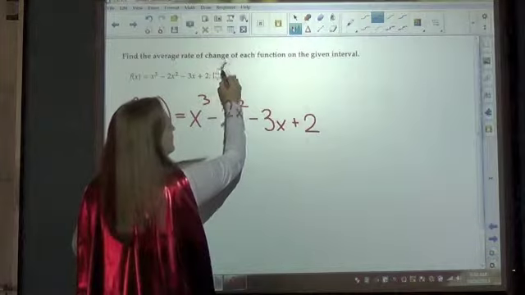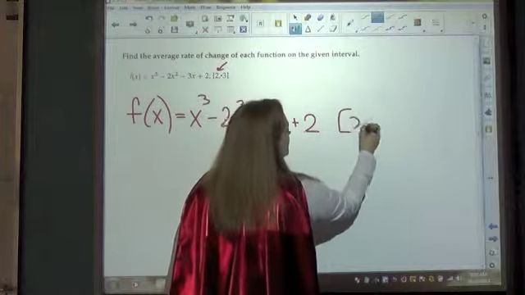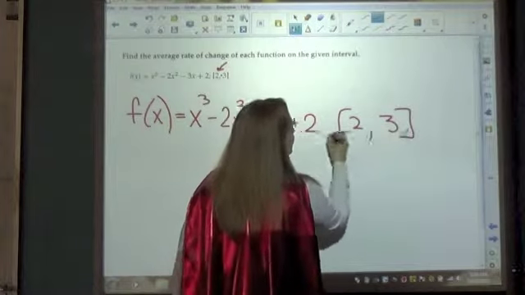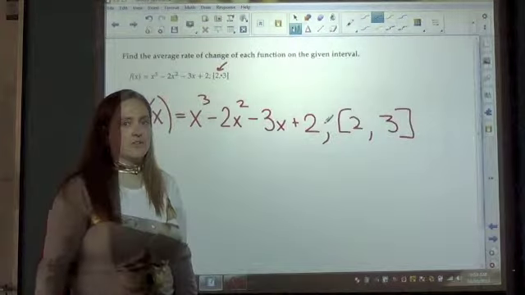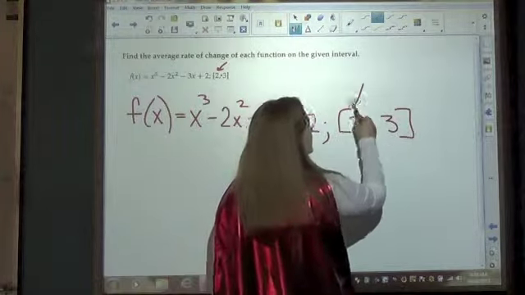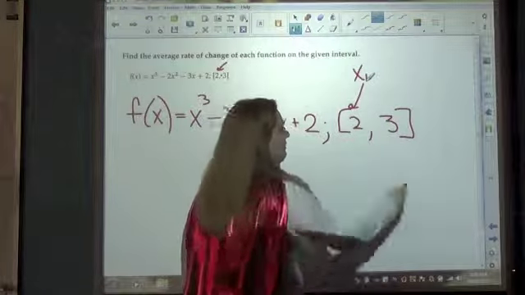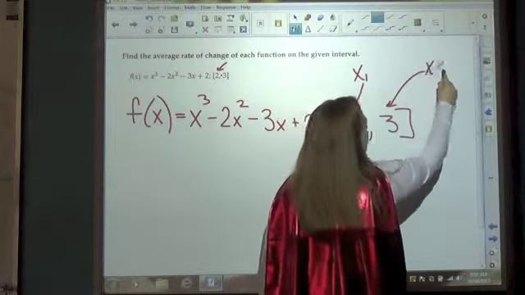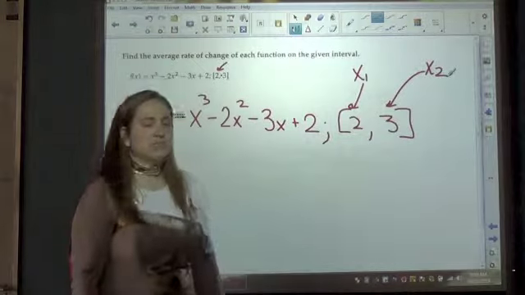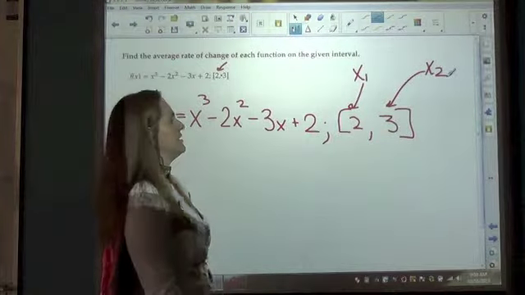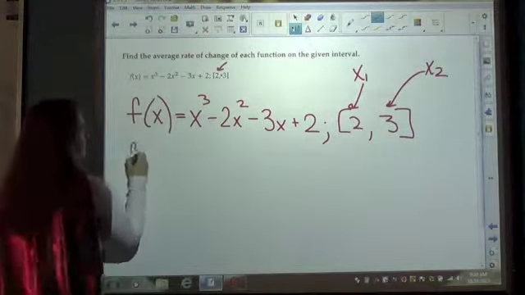They want you to find it on the interval of 2 to 3. So, this is your x1. This is your x2. Because domain is x values. So what I'm going to do is plug in 2.